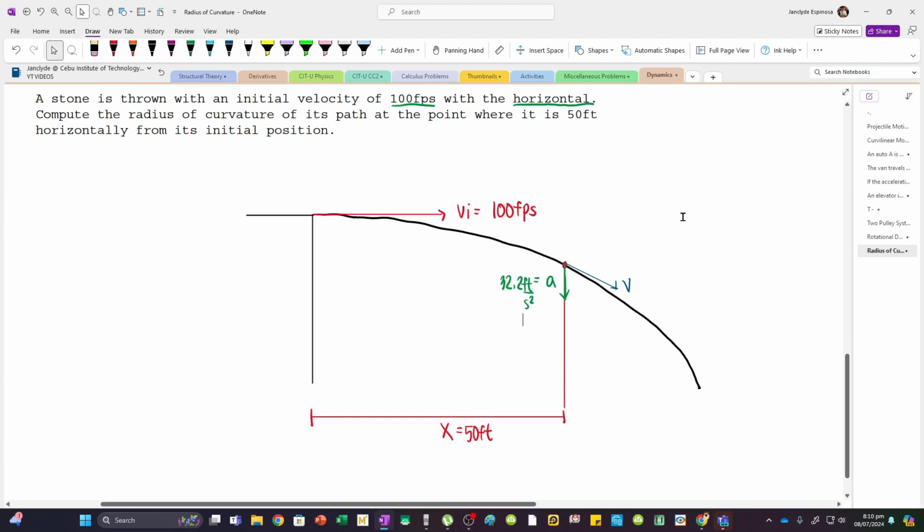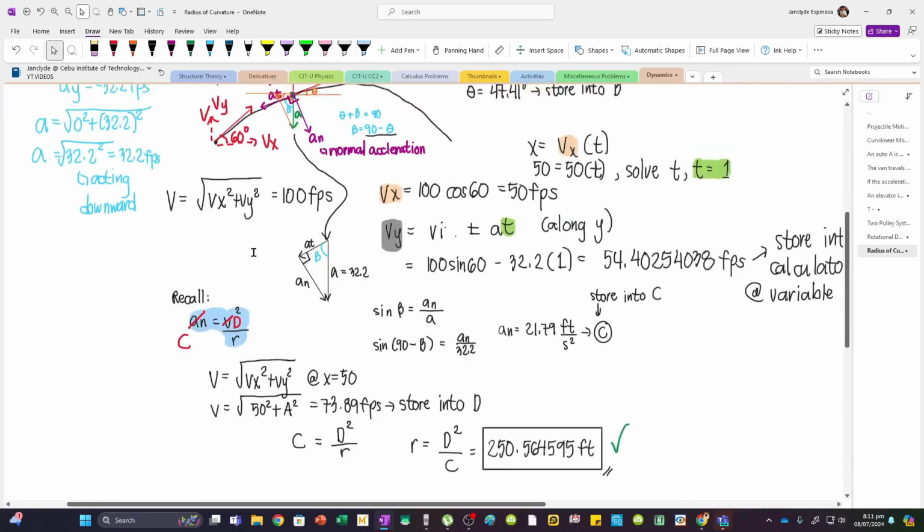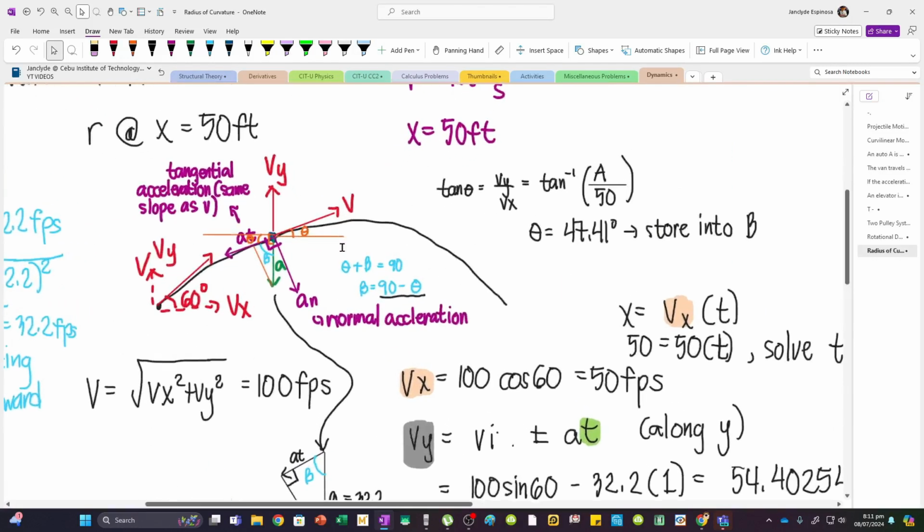And then, this angle is essentially 0 degrees from the horizontal, initially.